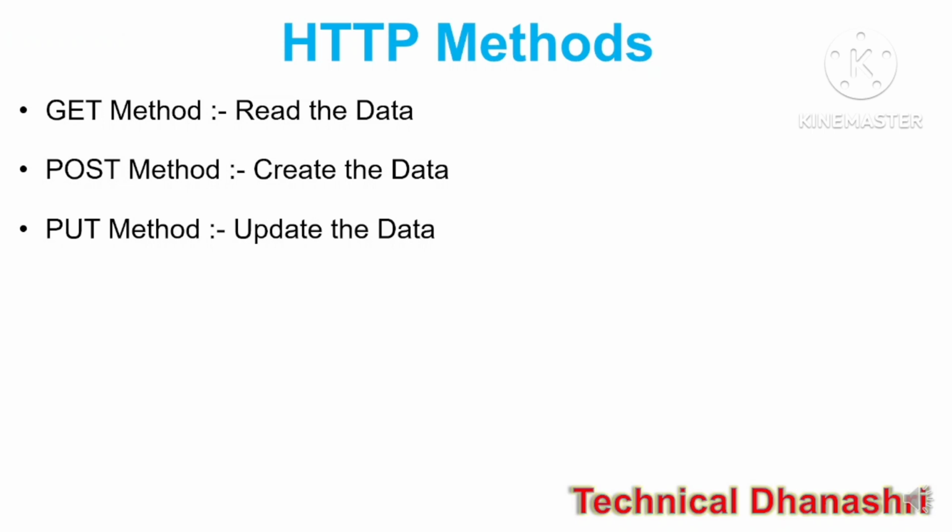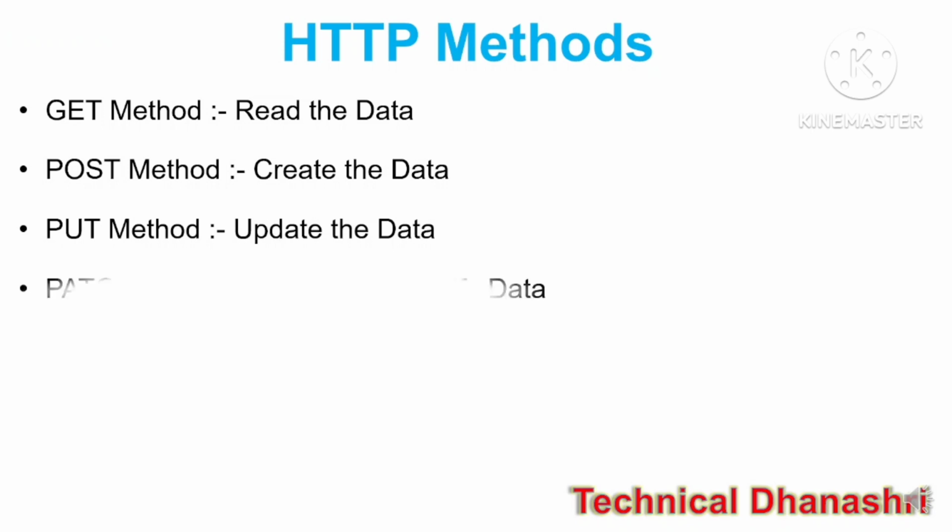In that request body you provide all the information: first name, last name, your updated mobile number, and your gender. After that hit the API, and your information is updated. So the PUT HTTP method is used for updating the data.